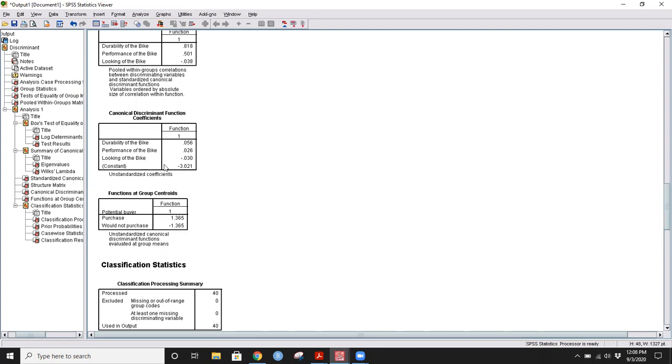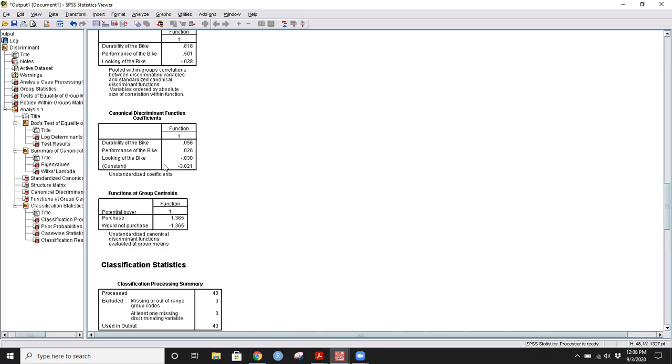Once you have the discriminant function, it can be translated into the discriminant score. Using this functional relationship, you can find the discriminant score for each customer.